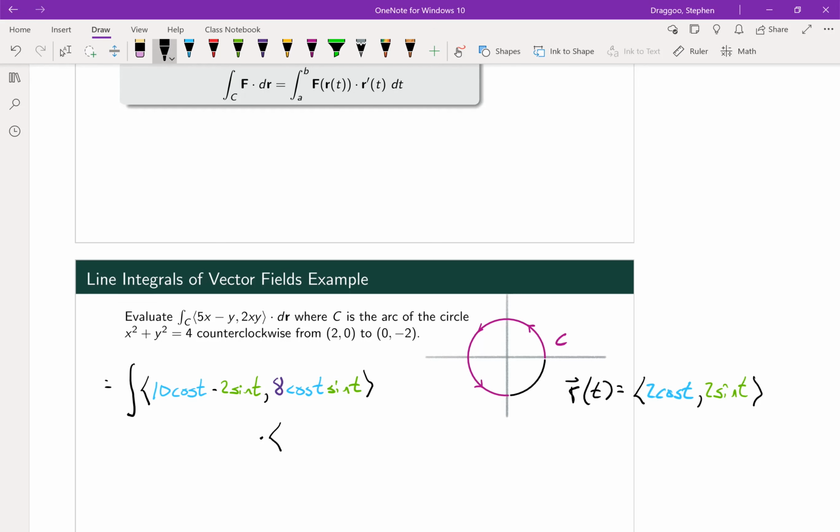So if we get r prime, that should hopefully come out to negative 2 sine t for the derivative of the x component, and 2 cosine t for that y component. And then all of that times dt.